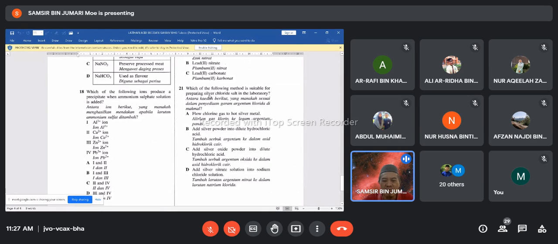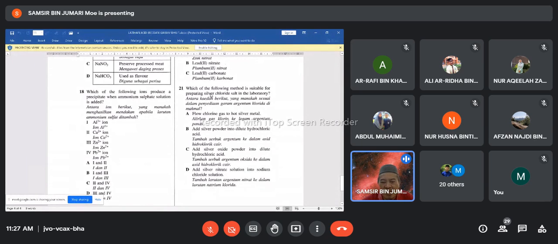We have to know what type of salt silver chloride is based on its solubility. Right? So what is the answer? A, B, C, D. D. Add silver nitrate solution into sodium chloride solution. Okay, that's very good. That's right.